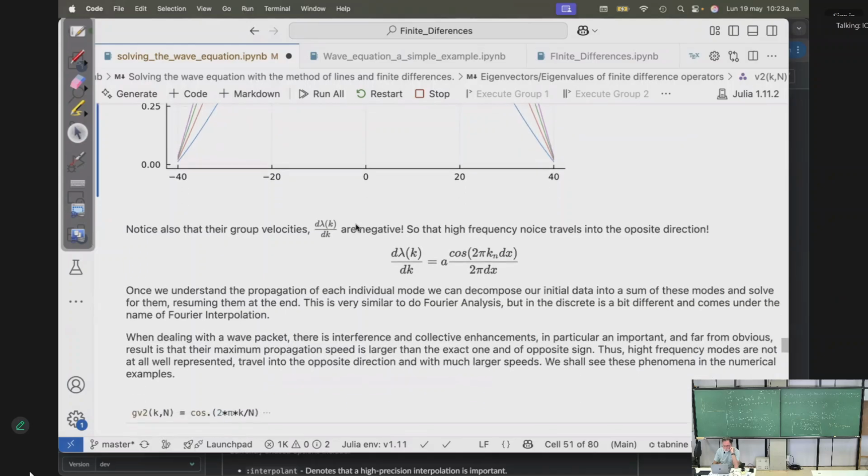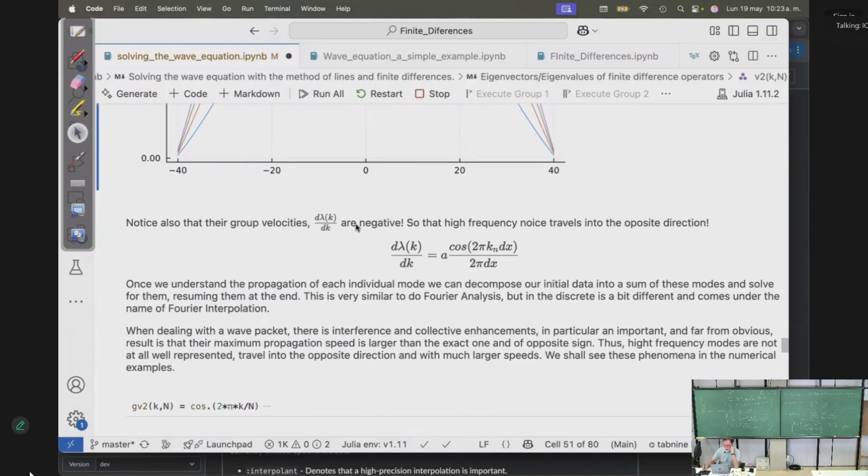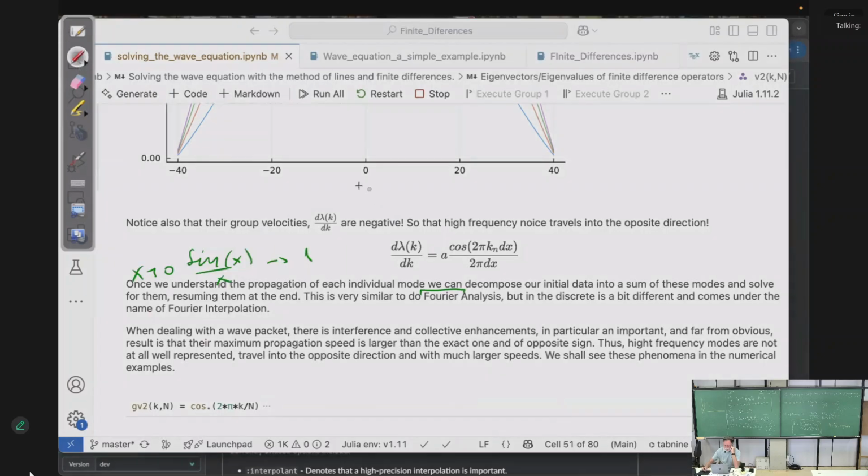What is the problem is that if we look at the group velocity, namely the derivative of, here we are looking at lambda(k) over k, right? This is the phase velocity. The group velocity is this one here.